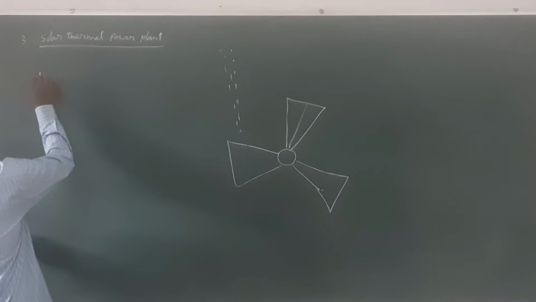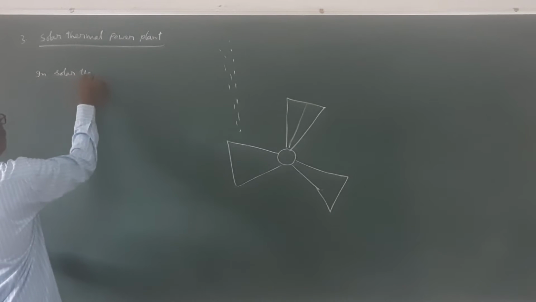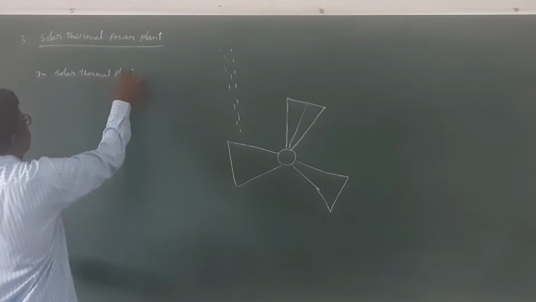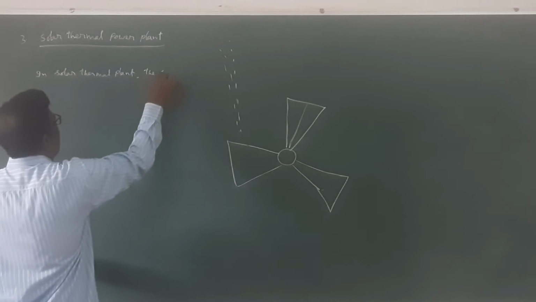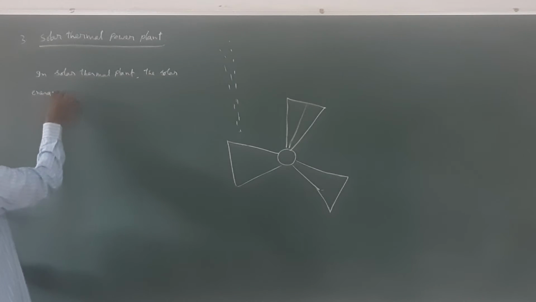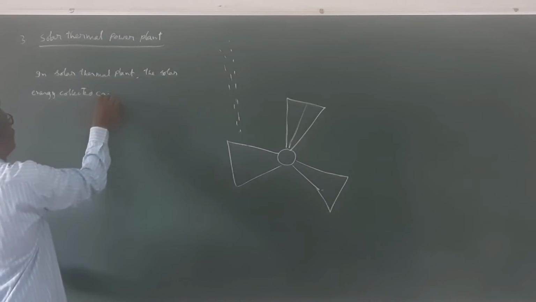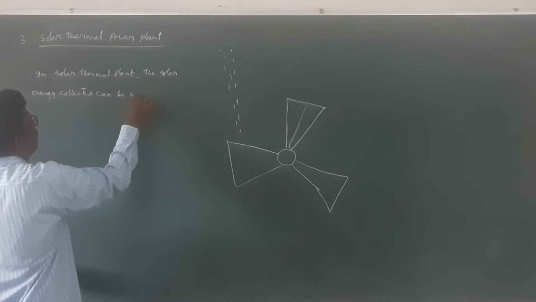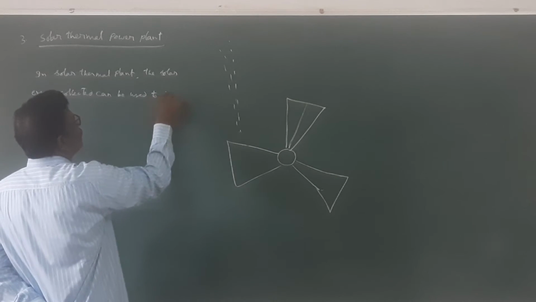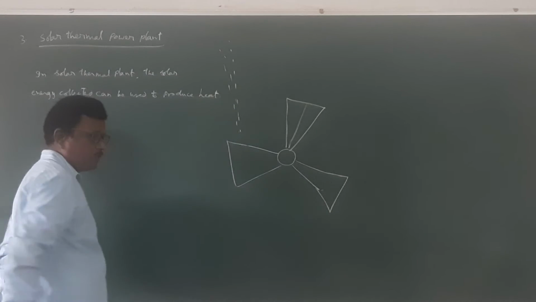So, in a solar thermal plant, the solar energy collected can be used to produce heat energy.